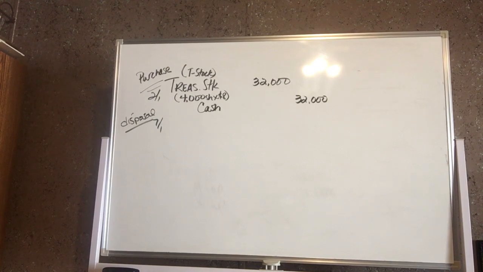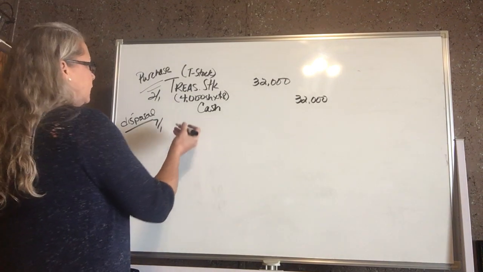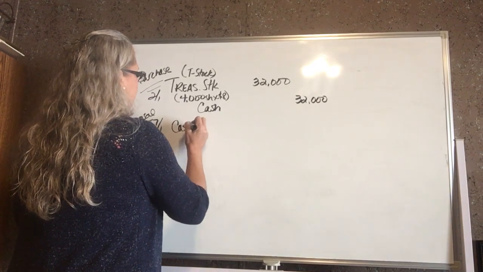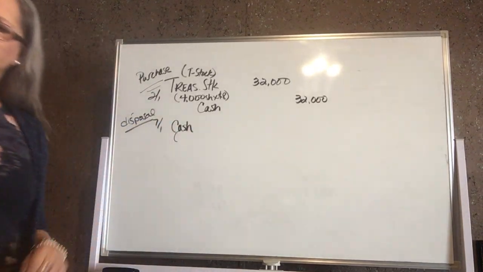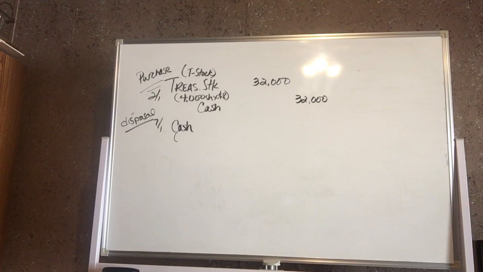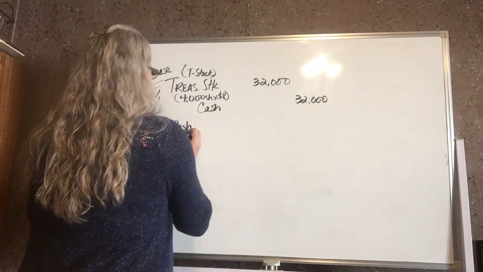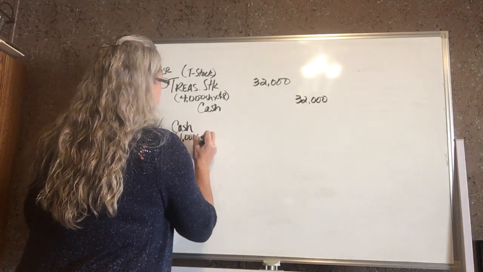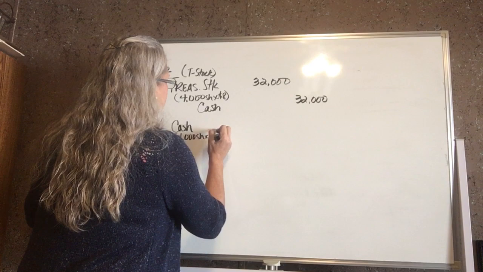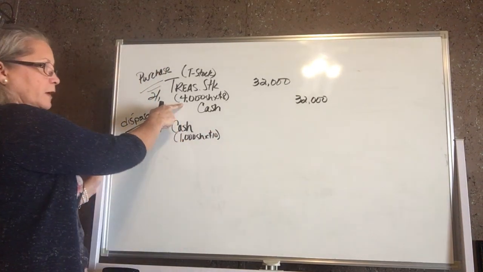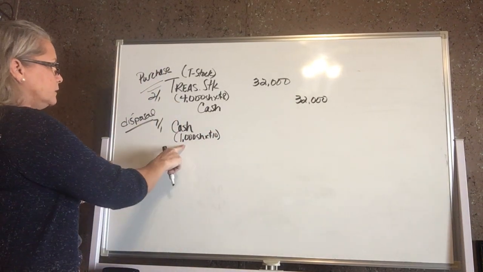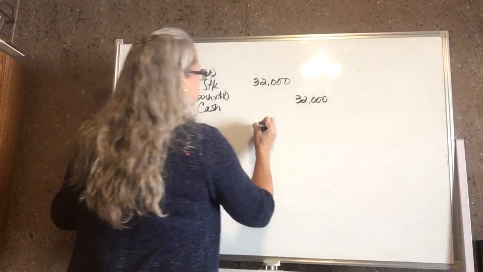Okay, so what are we getting? Well, we're selling it, so we're getting cash. How many shares are we selling? 1,000 shares at $10 of these 4,000 that we bought. Okay, so 1,000 times 10 is 10,000.